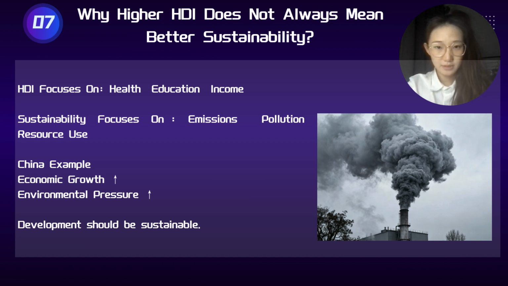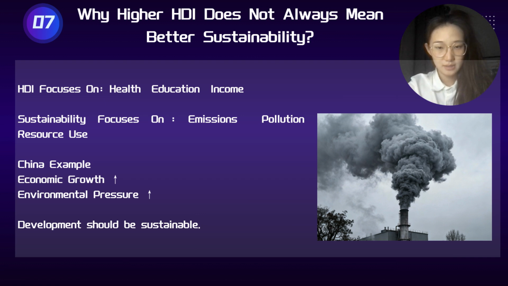After comparing HDI and PHDI, an important question arises: why does a higher HDI not always mean better sustainability? HDI mainly measures health, education, and income. However, it does not consider environmental impacts. Sustainability also depends on factors such as carbon emissions, pollution, and resource consumption.